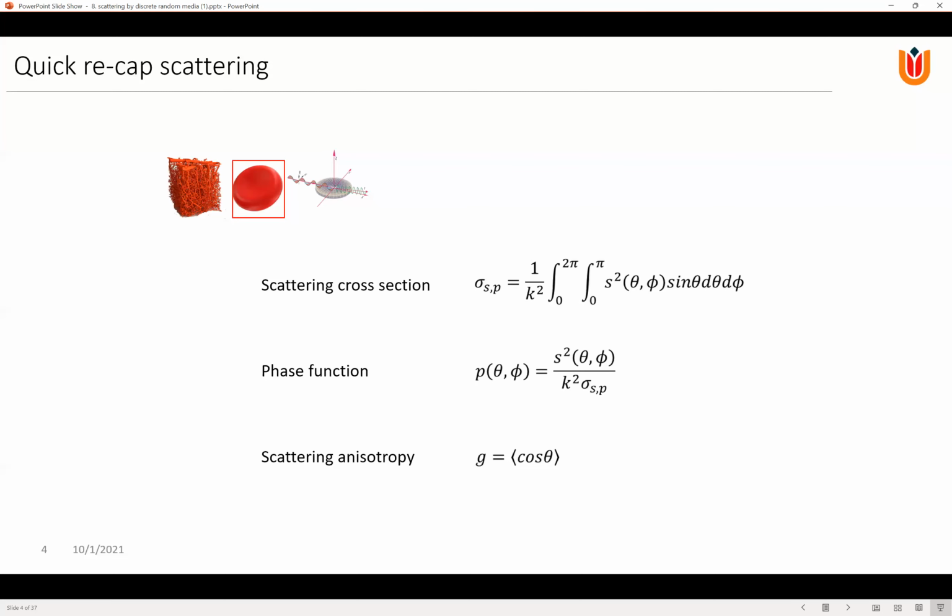What is the relation between the efficiency and the cross section? What are the units of all these three properties? The unit of the efficiency is 1, so just a number.